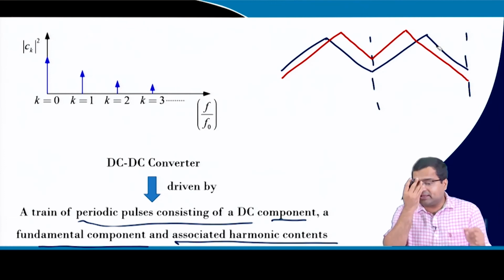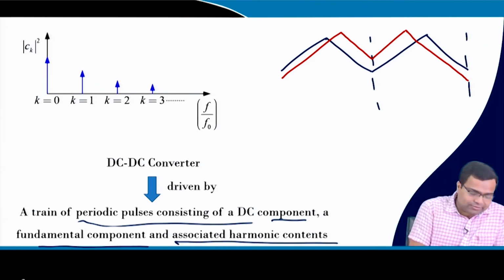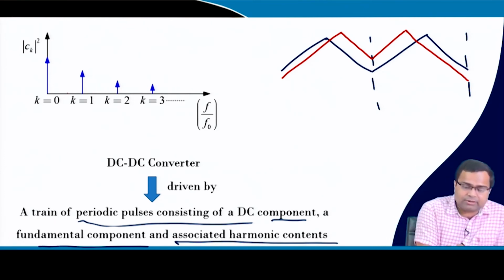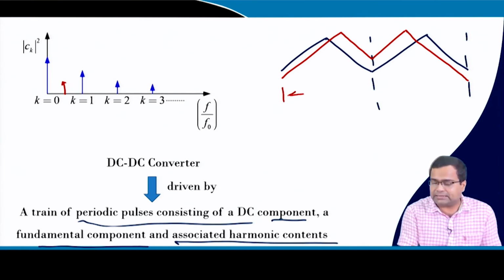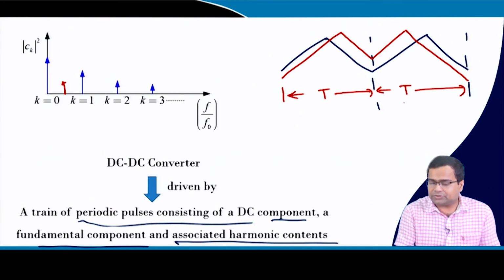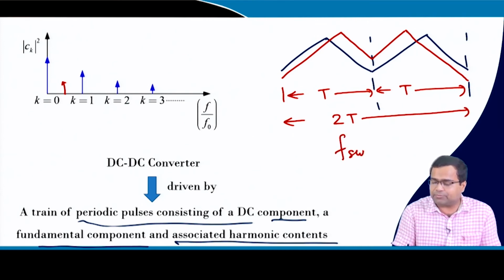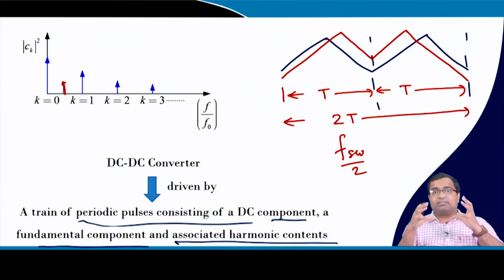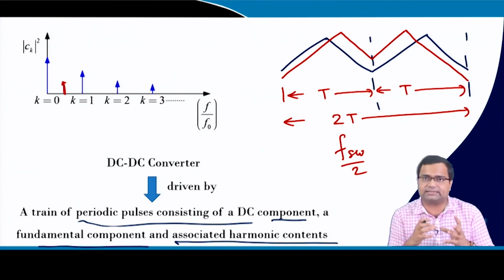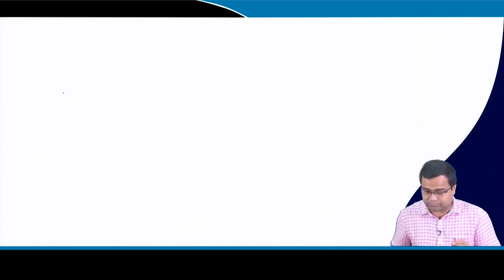Okay. So, in this component you will see for the red color there will be a peak here, because it is repeating, this time period is T, this time period is T. So, as if it is repeating after 2 time periods. So, it will have a component of f_sw by 2 and it will have a component here. So, for the subharmonic you will have a power component, power spectral density at the subharmonic level.